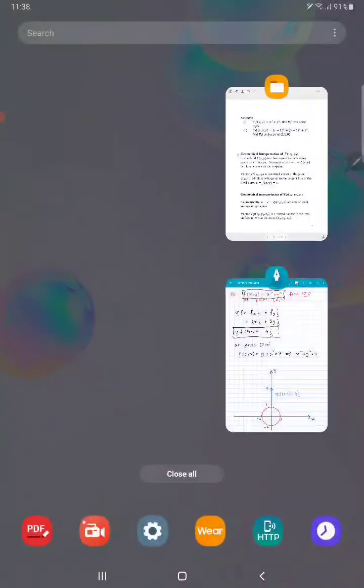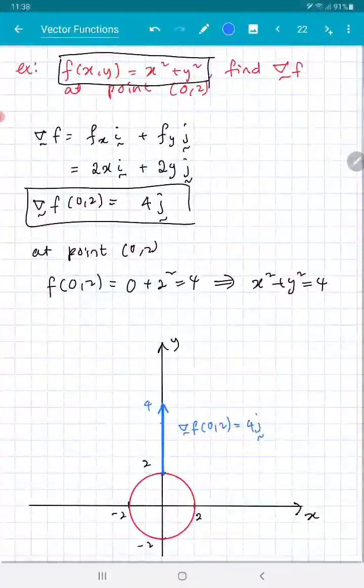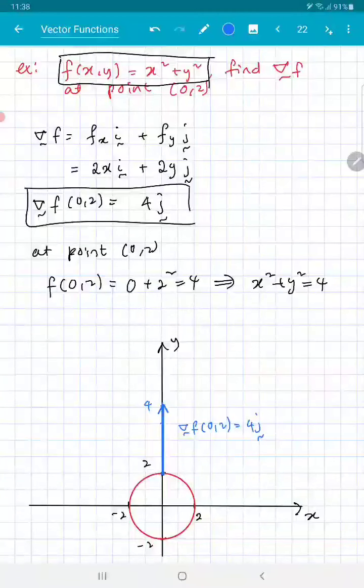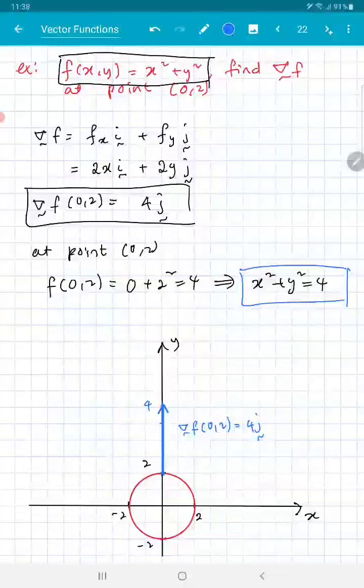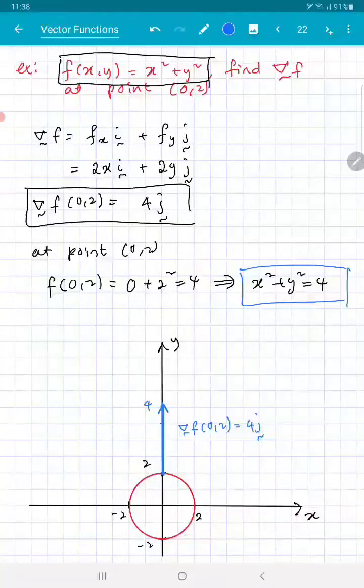Now going back to our example here. At point 0, 2, we end up with this equation, x squared plus y squared equals 4. When we plot that, we have a circle of radius 2.